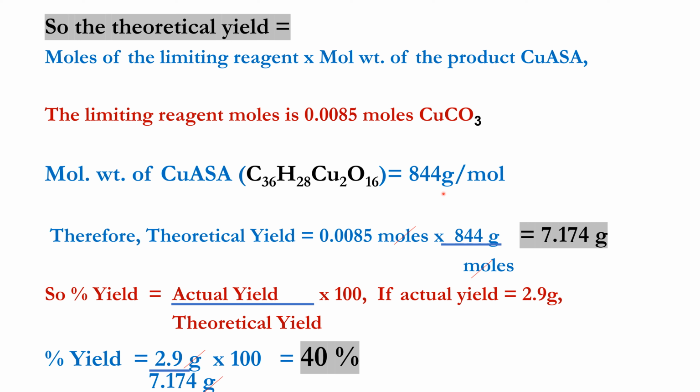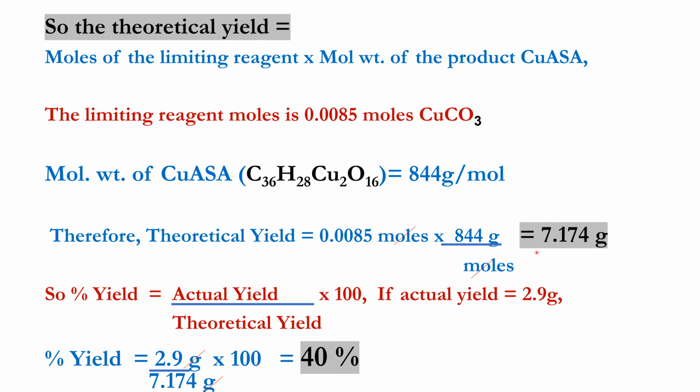Therefore, theoretical yield is equal to 0.0085 moles multiplied by 844 gram per mole. So this mole will cancel this mole, and we will get that the theoretical yield is 7.174 gram.